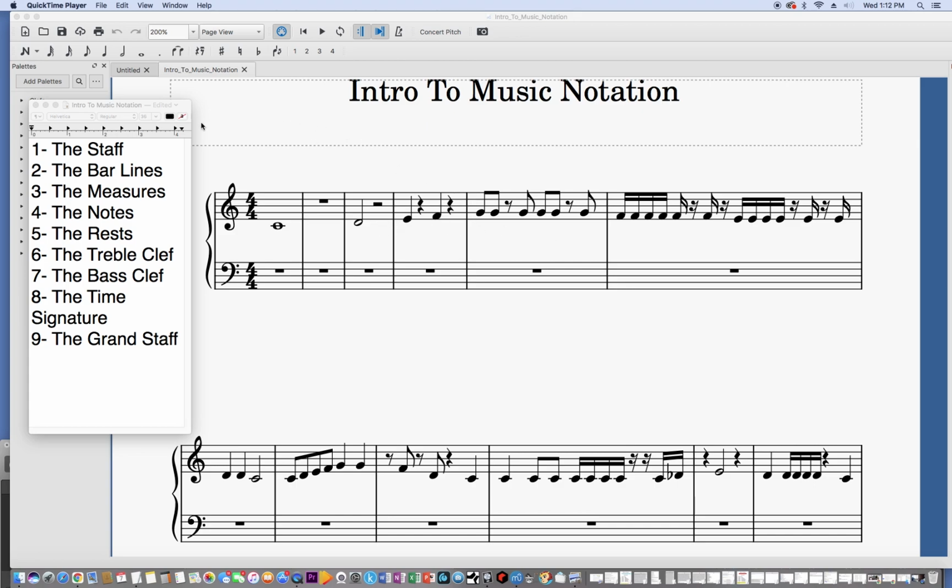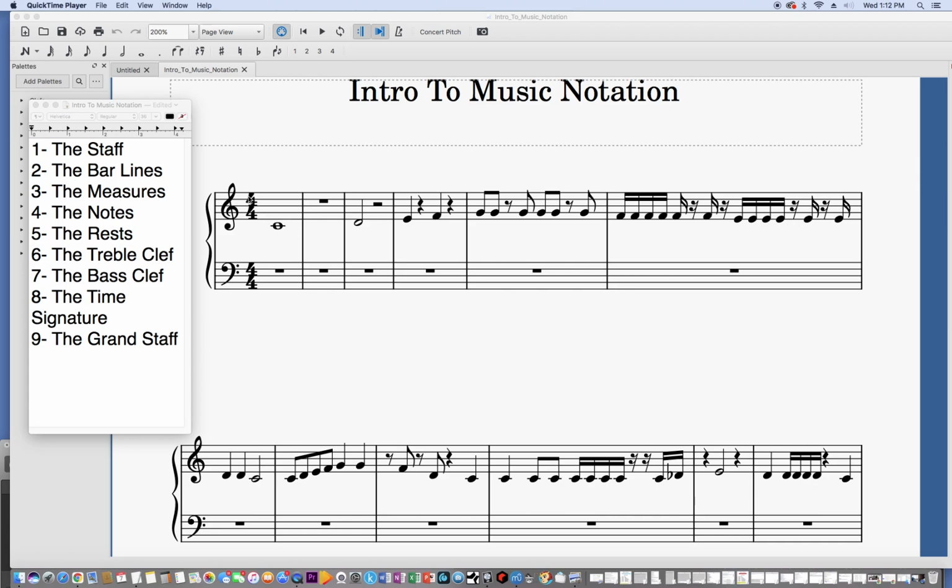All right, next item are the notes. You're looking at notes: whole note, half note, quarter note, eighth note, indicated by the flag, 1 flag as opposed to 2. So the whole note is worth 4 beats.